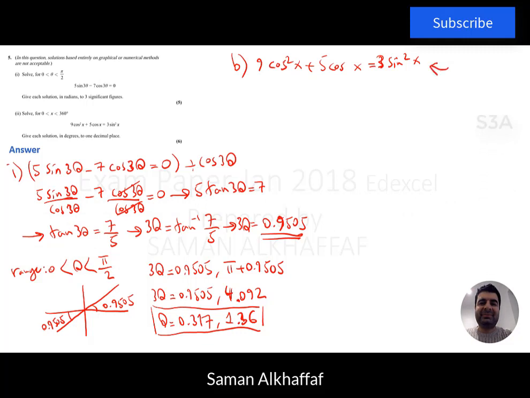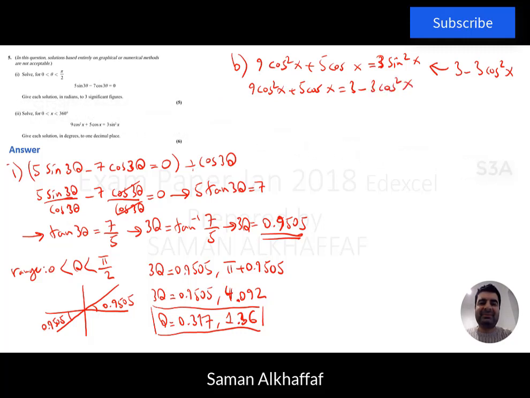That will be 3 minus 3 cosine squared x. So to simplify the expression, we can rewrite this as 9 cosine squared x plus 5 cosine x equals 3 minus 3 cosine squared x.